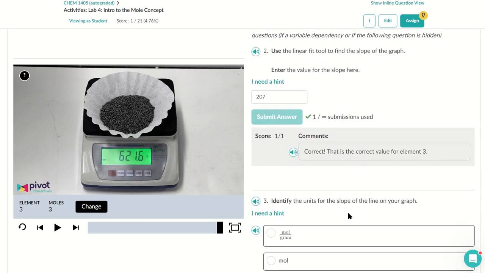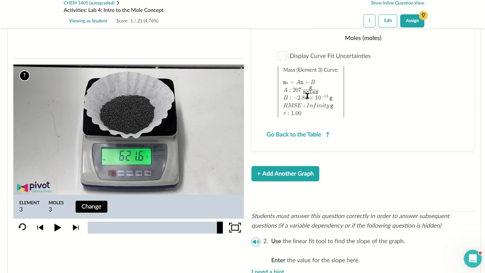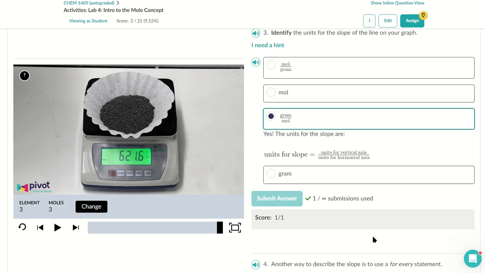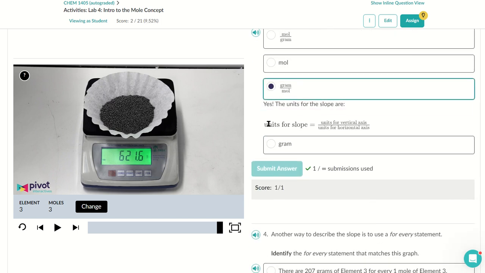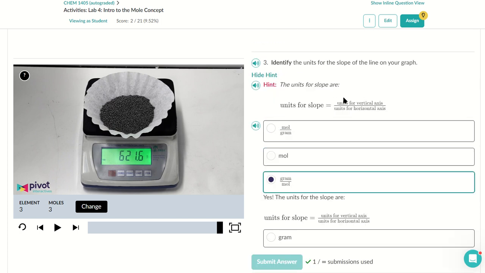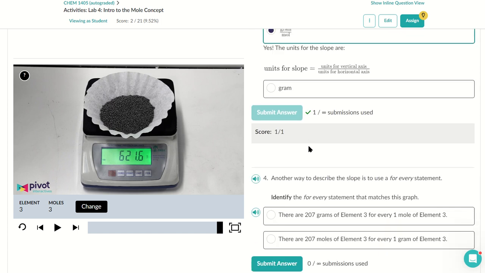So this does match, right? We're trying to confirm this. This does match what our slope is telling us. So I would answer that, right? And of course, it reiterates everything we just talked about. Oh, and it gave you that hint as well. So the units for the slope are gram per mole.